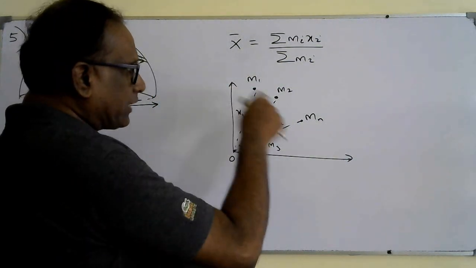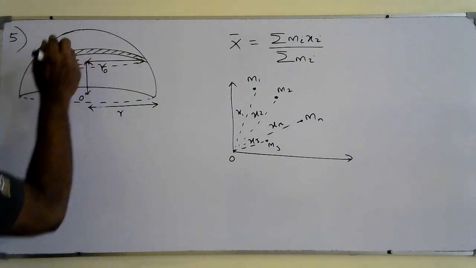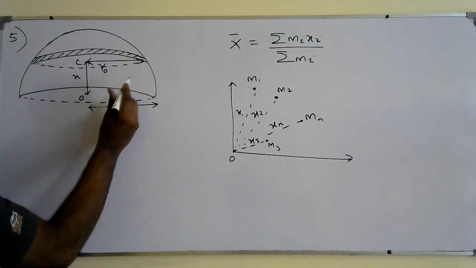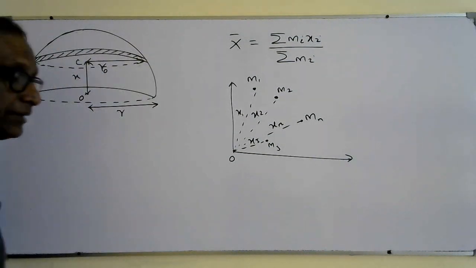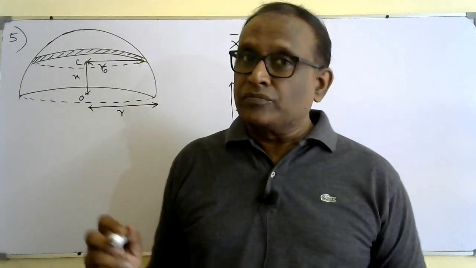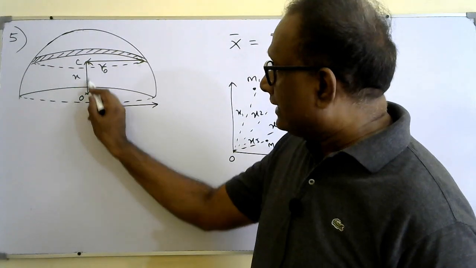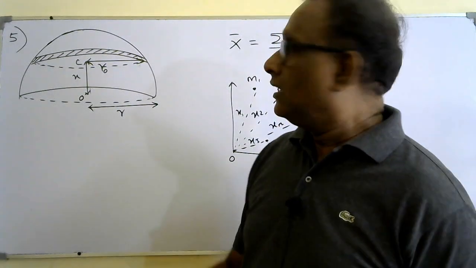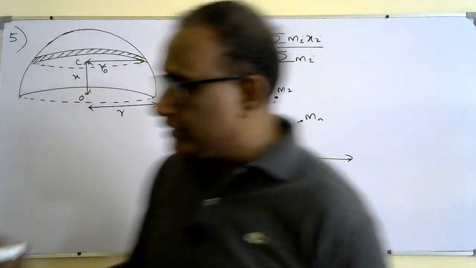So here we are going to consider several disks. This is the disk. There could be another disk. Like that, I can imagine several disks that could fill up completely the hemisphere. I know the center of mass of this disk is at C from O. That distance I am taking x. The radius of the disk I consider inside the hemisphere is R0.